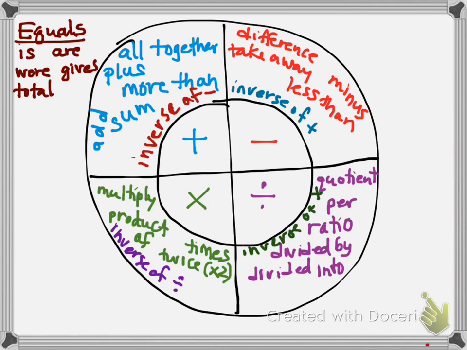So the action word is the word that we interpret to mean equals. Those are just some examples of words that tell us to write an equal sign. Is is probably the most common one. Then we're going to have parenthesis words.